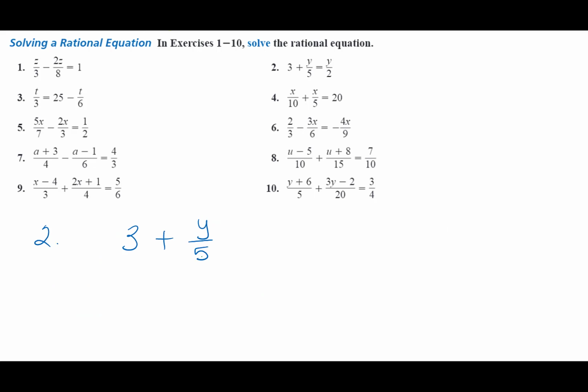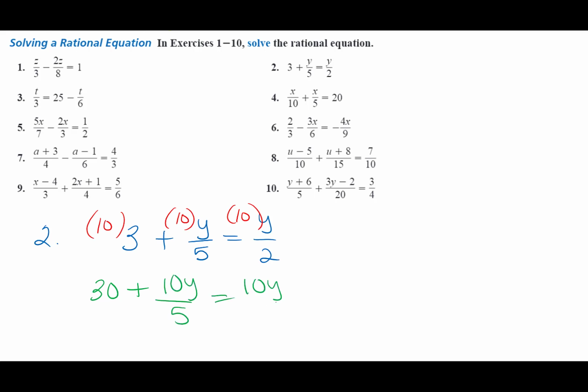Number 2 is 3 plus y over 5 equals y over 2. The common denominator is 10, so I'm going to multiply all the parts by 10. 30 plus 10y over 5 equals 10y over 2. Now let's simplify these fractions. 10 and 5 simplify to 2 and 1. 10 and 2 simplify to 5 and 1.